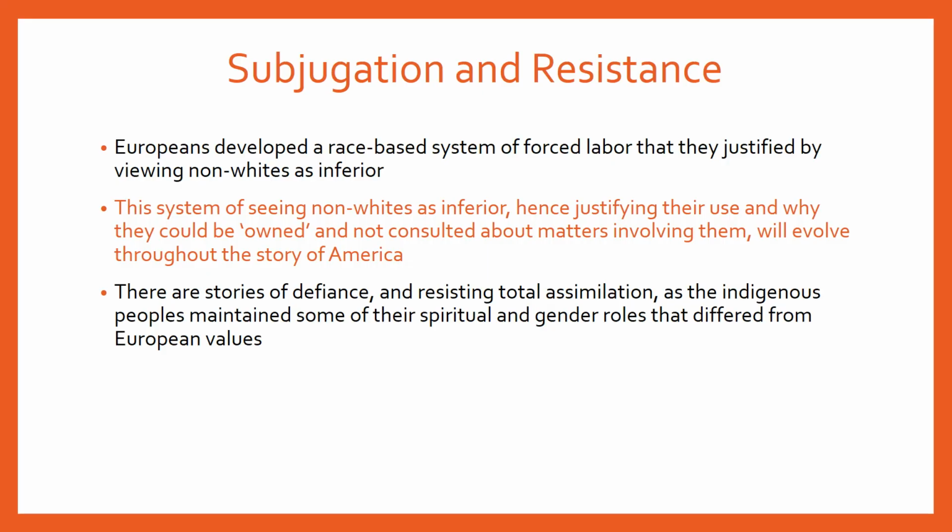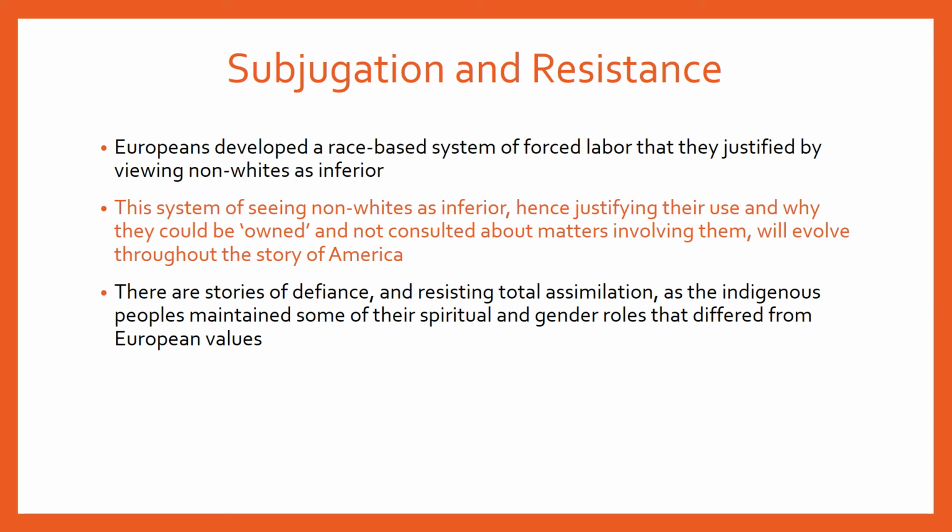Okay, so we are looking at a time period where there was a definite European superiority complex. They believed that they were superior to the indigenous races and, of course, the Africans. So this is something that is going to go on through time, and there were, of course, certain people that resisted.